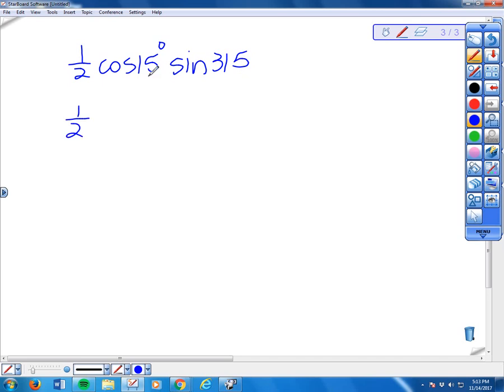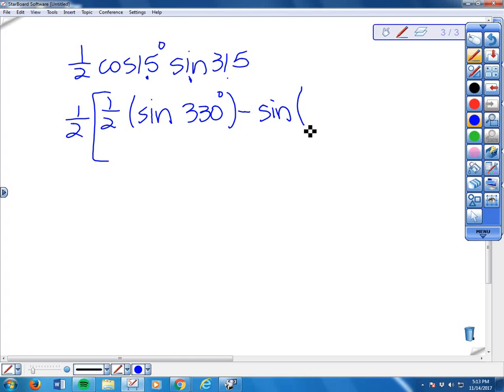This is my cosine u sine v, so we can use the product to sum formula on the formula sheet. And that formula gives us 1/2 sine of u plus v, which is 330, minus sine of u minus v. U minus v is negative 300.